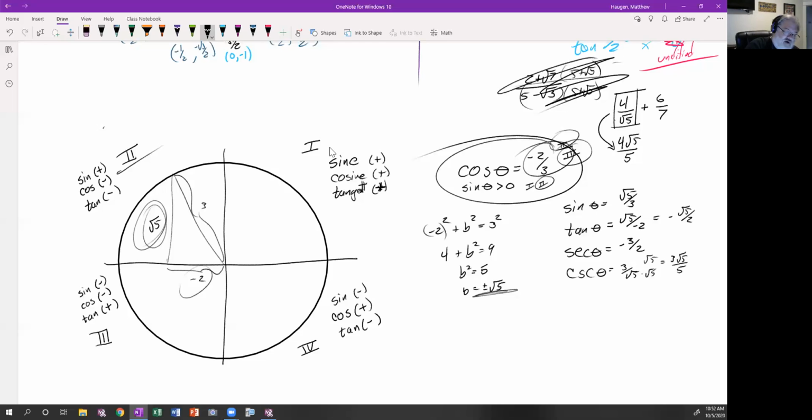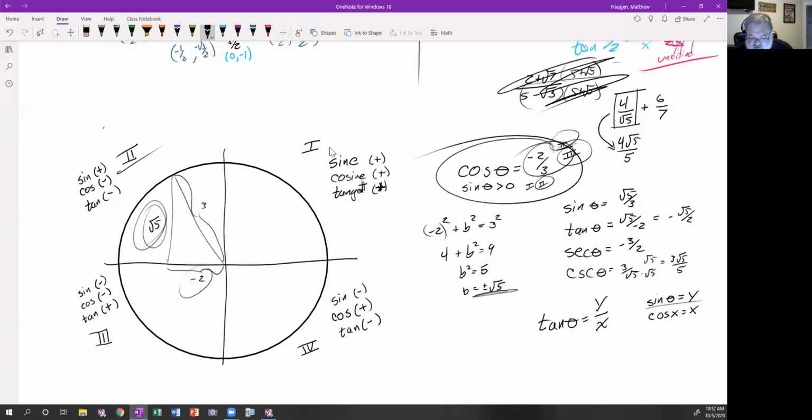So last thing I want to leave you with, we keep talking about the tangent being y over x by our definition. But on the unit circle, our sine value is supposed to be equal to y, and our cosine value is supposed to be equal to x.